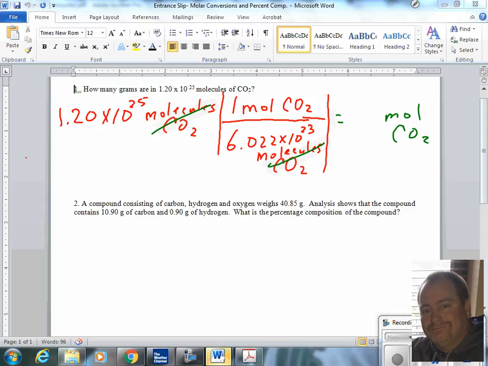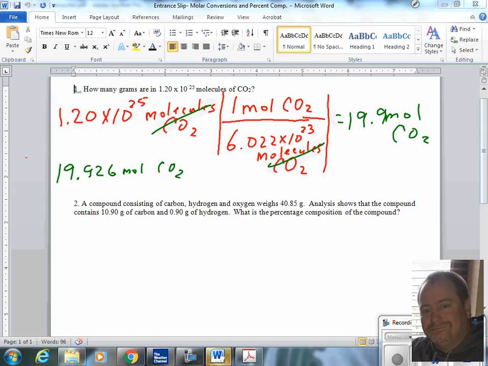When I do that math, I get an answer of 19.92693457. I'm just going to leave that at that number, okay? But I'm going to leave the total number in my calculator. Now I've got that in moles of CO2.